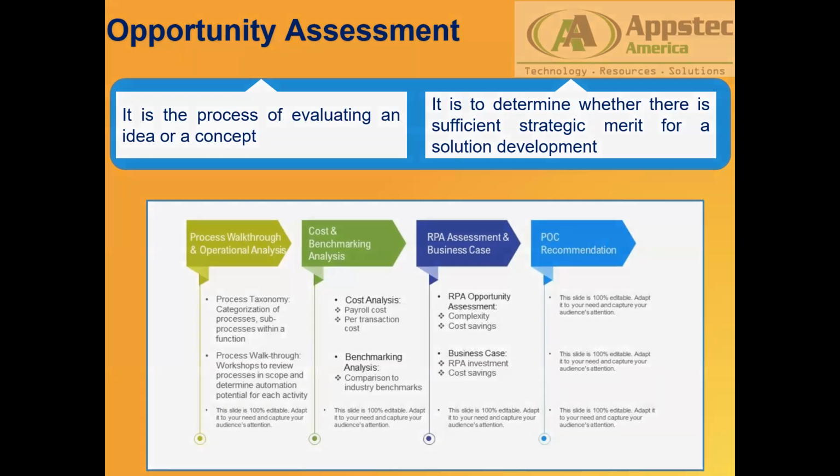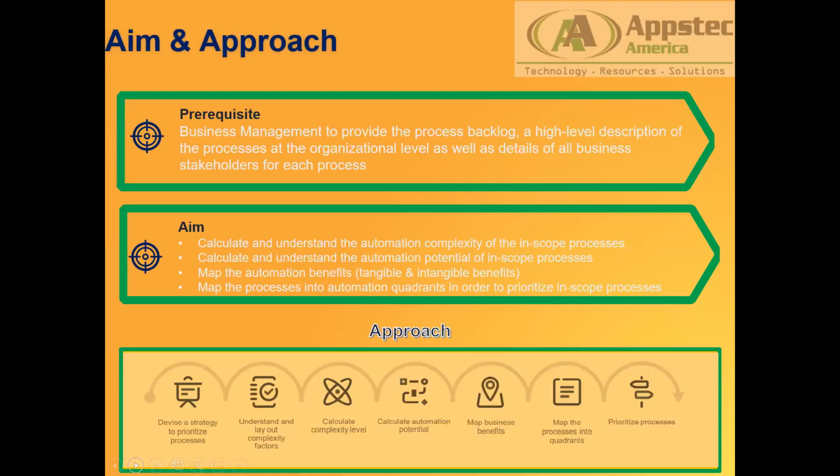Right? So now, when you talk about opportunity assessment, it is very important that you also have an aim and approach. So what is the prerequisite that you need to have? Business management to provide the process backlogs, a high-level description of the process at an organizational level, as well as the details of all the business stakeholders. That's the prerequisite. Now, let's say I'm onboarding a new resource who is going to work as an RPA business analyst for me.